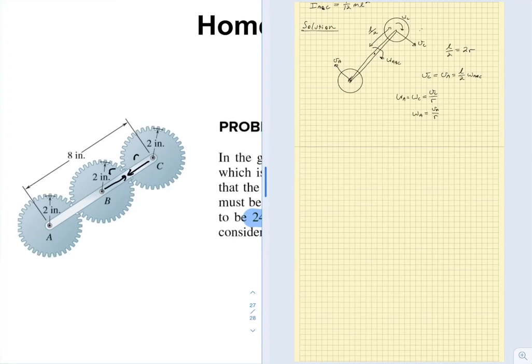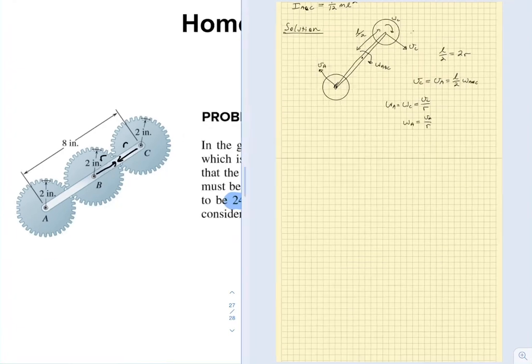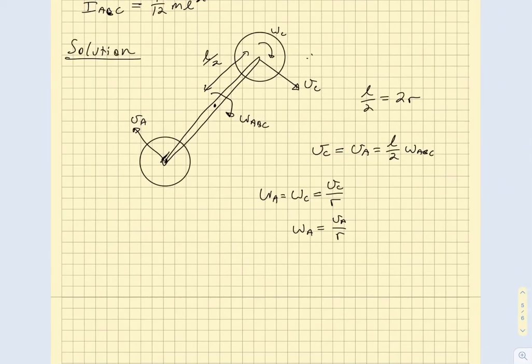Now we can pull this all back to omega ABC, because we know that the L by 2 just equals 2r, because there's that third block in the middle. We know that there's this distance here. These are r's here. So the half distance of the rod is just equal to 2r.